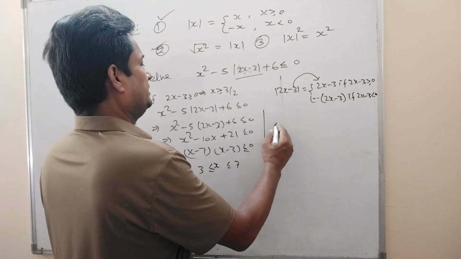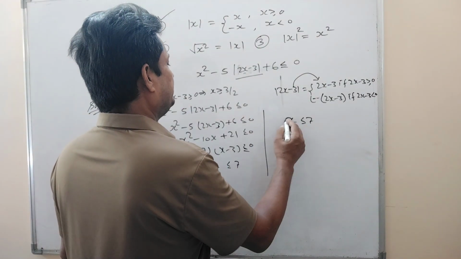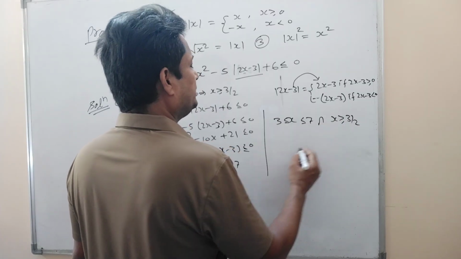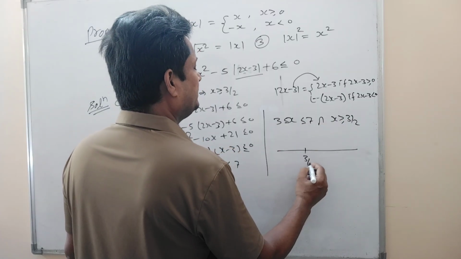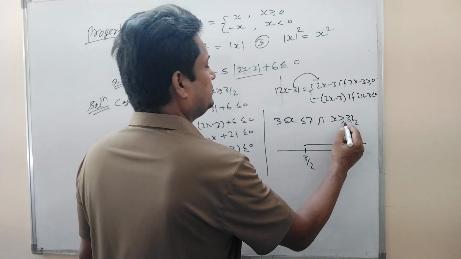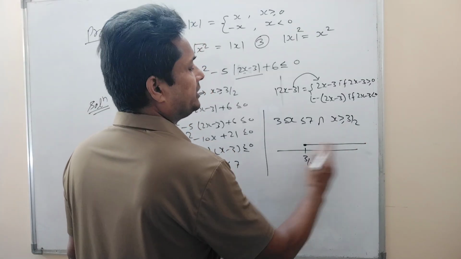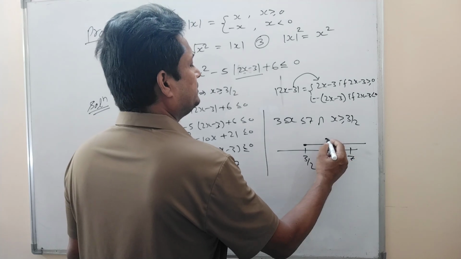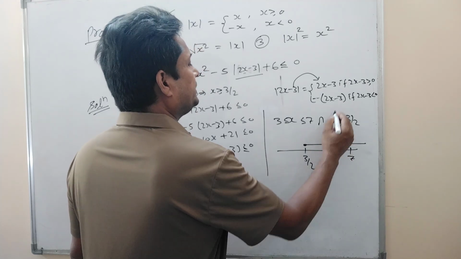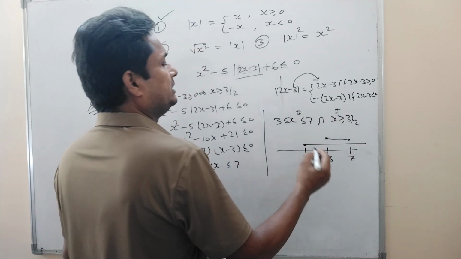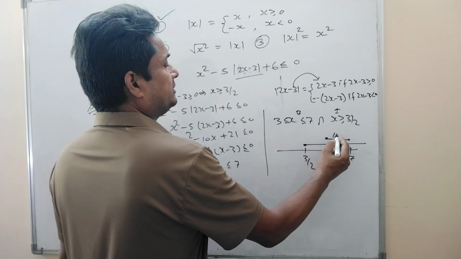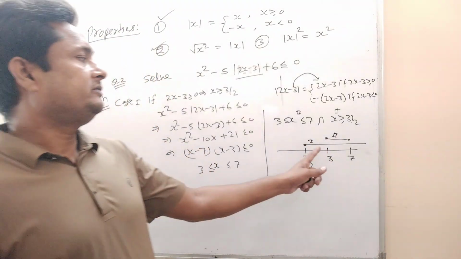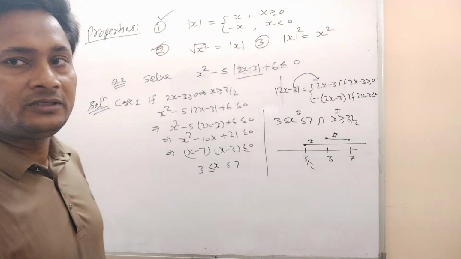In case 1, x from 3 to 7, intersection x greater than or equal to 3 by 2. If you take the intersection, this inequality is 3 by 2 to greater, and this one is 3 to 7. If you take the intersection between these two, the answer will be 3 to 7.